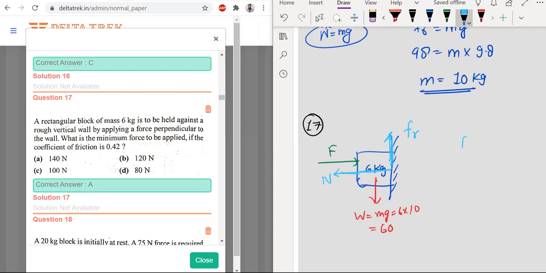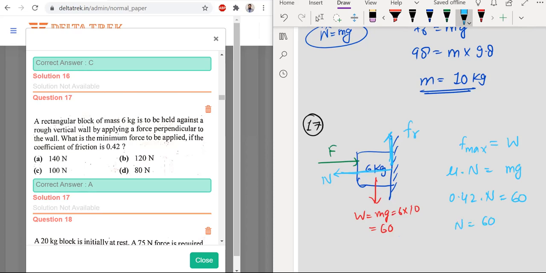That means it has said that friction is acting maximum and it wants to save the weight. So the friction I can write, it will be mu into N equals mg. So mu is given as 0.42, N we need to find, and mg is 60.